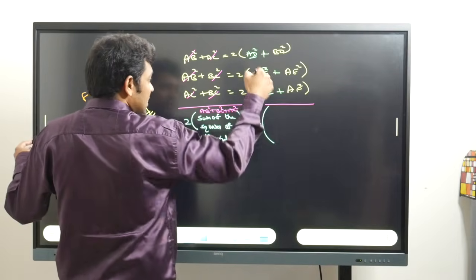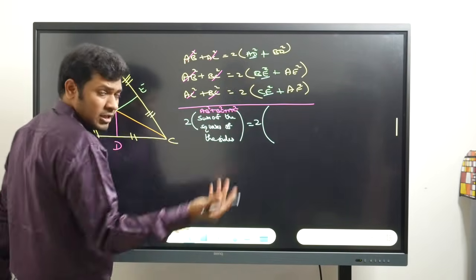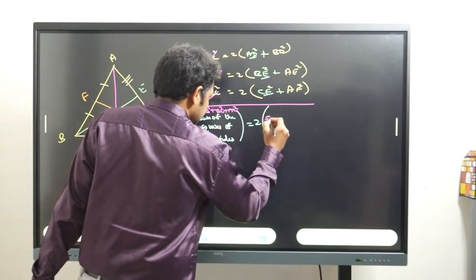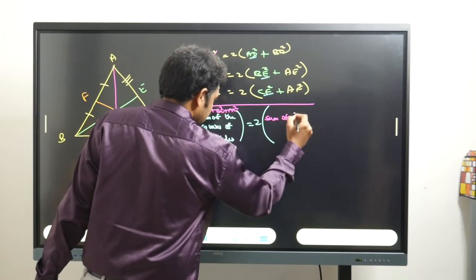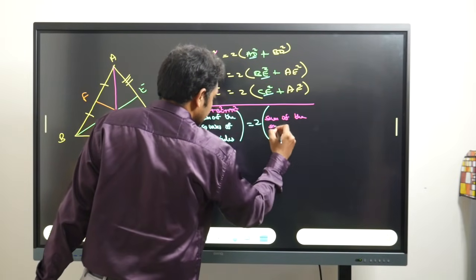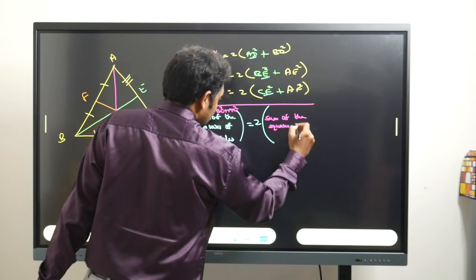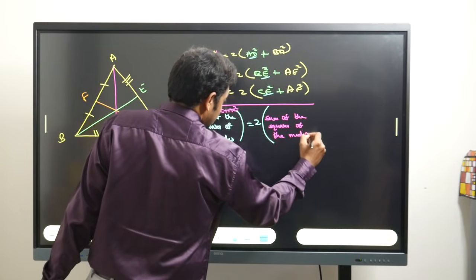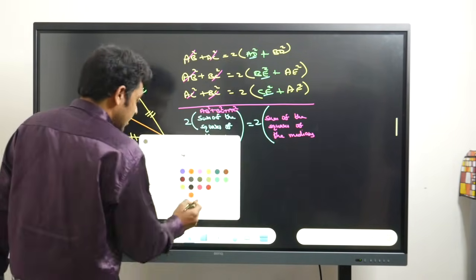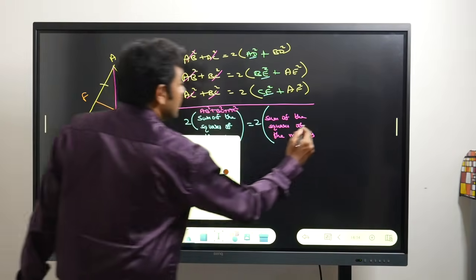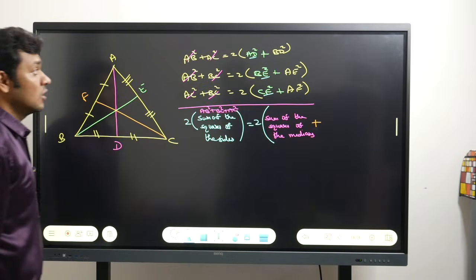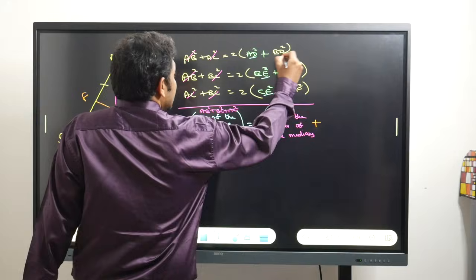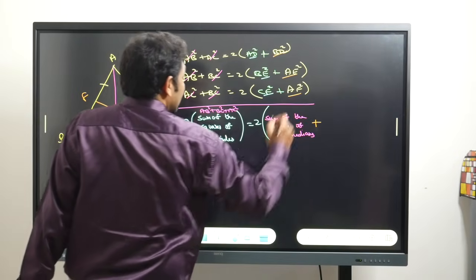AD square plus BE square plus CF square is M1 square plus M2 square plus M3 square, which is the sum of the squares of the medians, plus BD square plus AE square plus AF square.